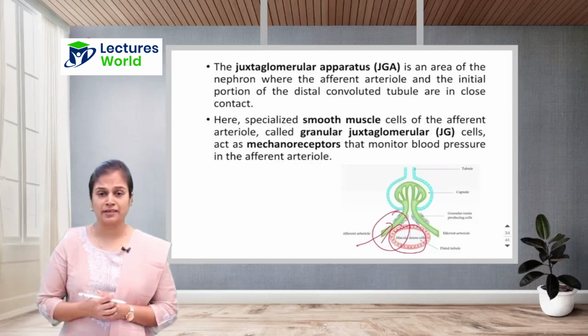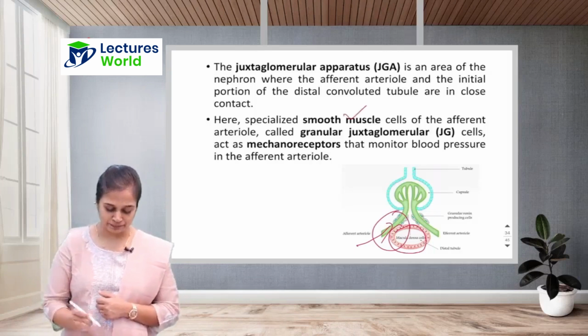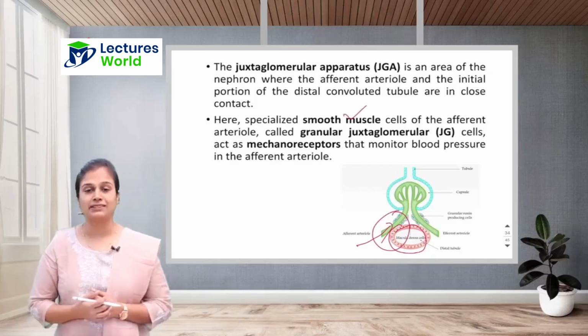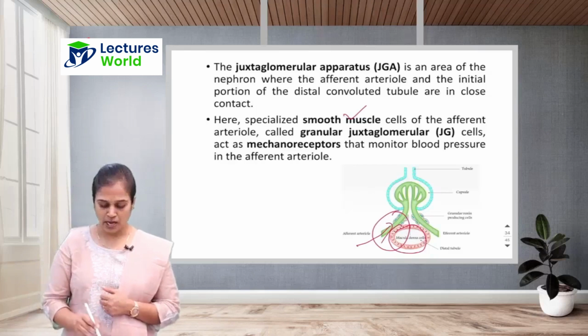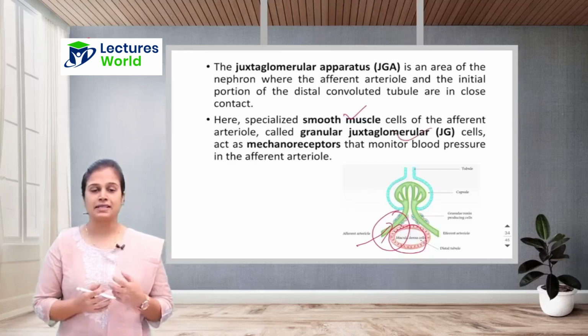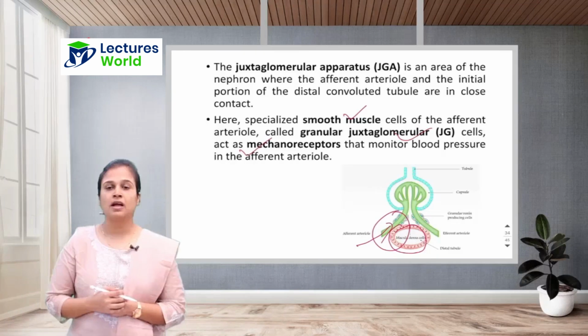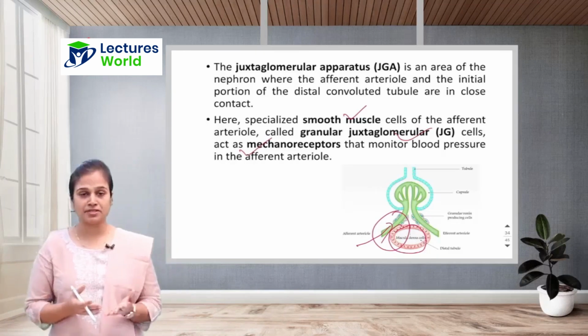Here there are specialized smooth muscle cells of the efferent arteriole called the granular juxtaglomerular cells, and they act as mechanoreceptors that monitor blood pressure in the efferent arteriole.